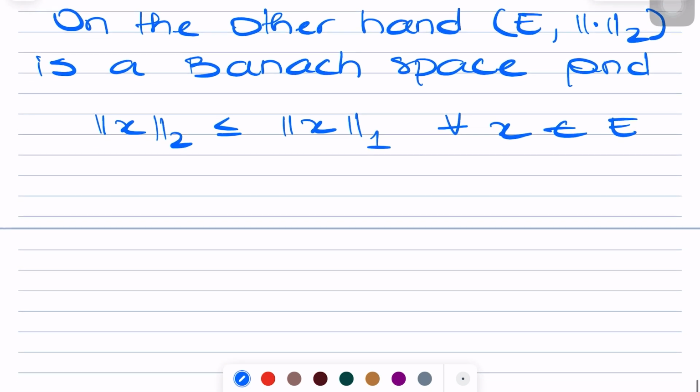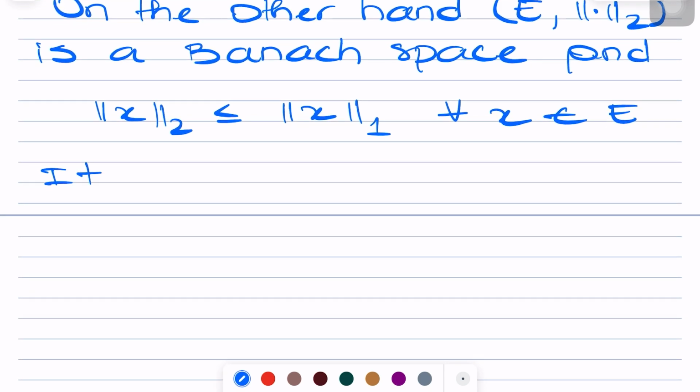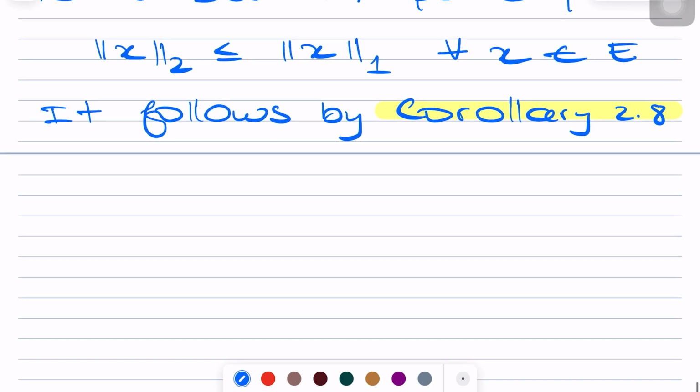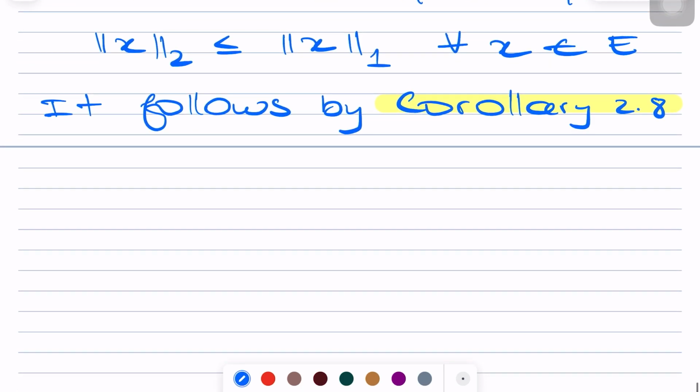So it follows by corollary 2.8, I think, that norm 1 and norm 2 are actually equivalent.